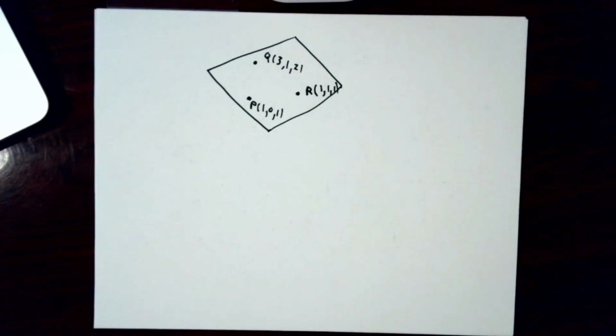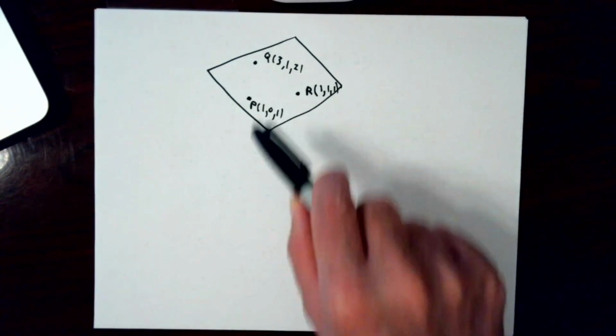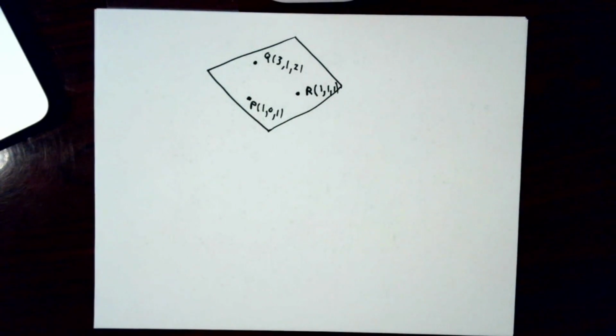If I give you 3 points that are not on a straight line, my P, Q, and R here, the natural three-dimensional version of that question is, can I find the equation that describes the plane? All I need is a point in the plane, which is no problem since I know 3 of them, and a vector at right angles to the plane, which is a little bit of a problem.